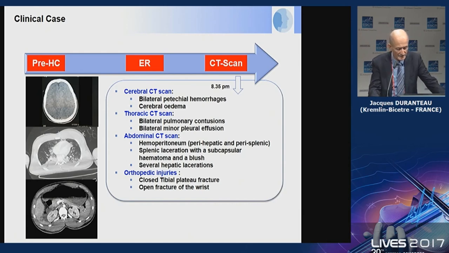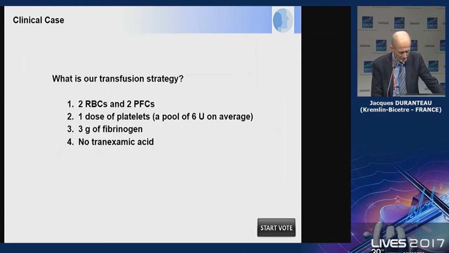The abdominal CT scan shows a hemoperitoneum with a splenic laceration, with a subcapsular hematoma and a blush, and several hepatic lacerations. We also have orthopedic injuries with a closed tibial plateau fracture and an open fracture of the wrist. So we saw this.